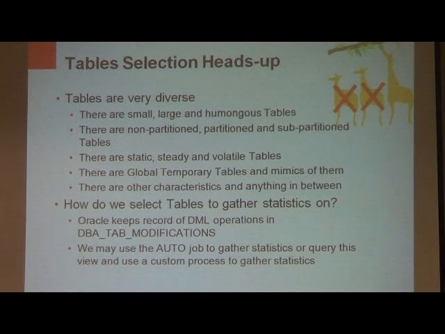The auto job is based on this view. You can also write your own job to gather statistics based on the same view, and you will have more control. The auto job looks at DBA_TAB_MODIFICATIONS, and for any table where the statistics are stale, basically meaning more than 10% of the rows have changed, it gathers stats.